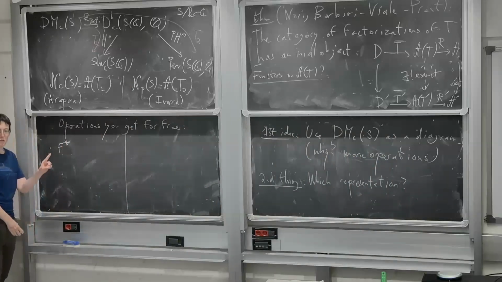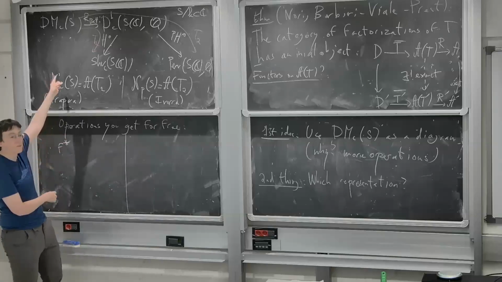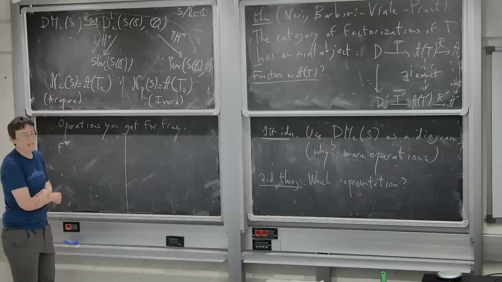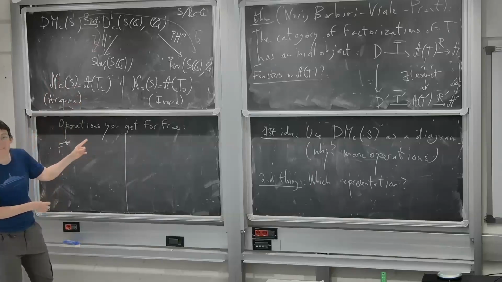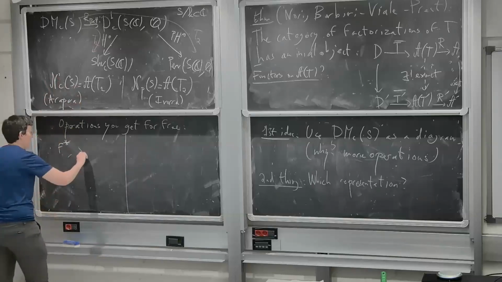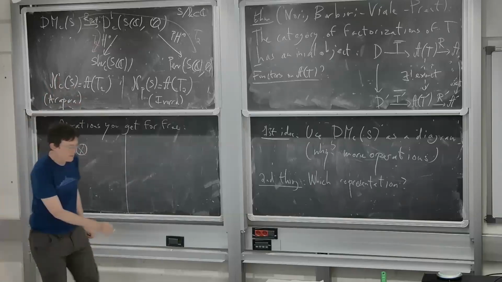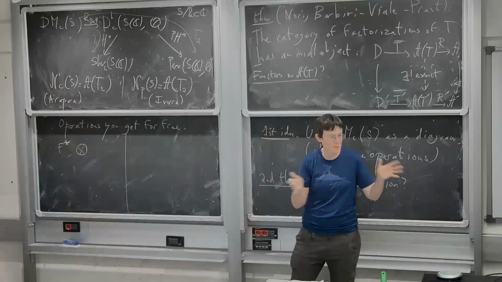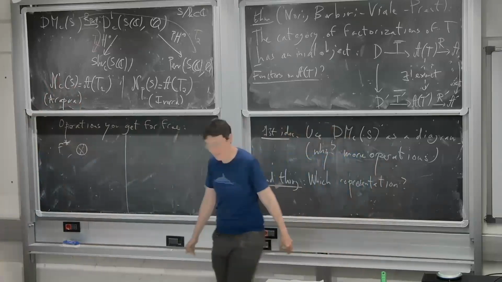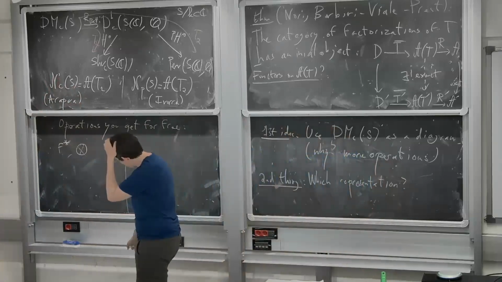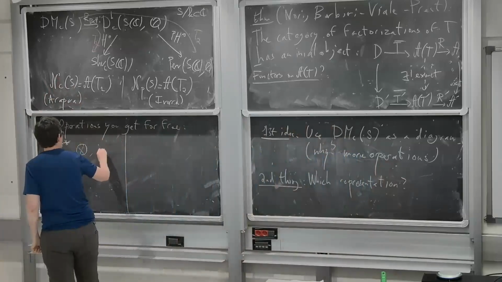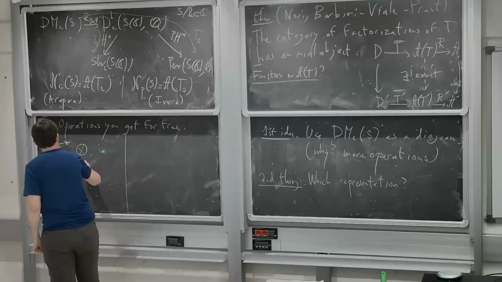To get the operation for free, it needs to be defined on the diagram, but now you have a diagram where everything is defined, and it needs to be exact. So you get this one. Tensor product: you have to be a bit careful, you need to restrict the diagram, but let's not worry about that. And I guess you get i_* or f_*, where i is the closed version.